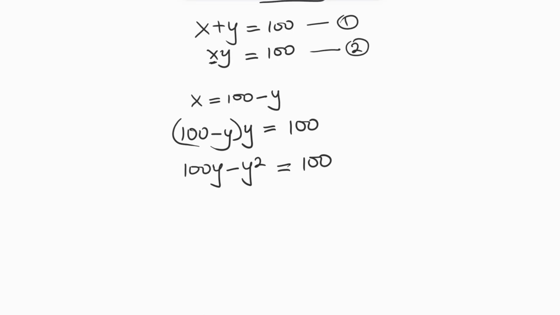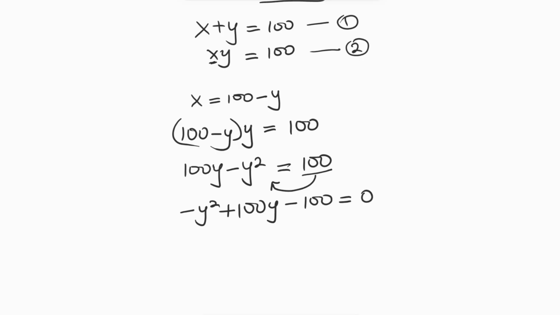Now, if we move 100 that's on the right-hand side to the left-hand side, we have minus y squared plus 100y minus 100 is equal to 0.